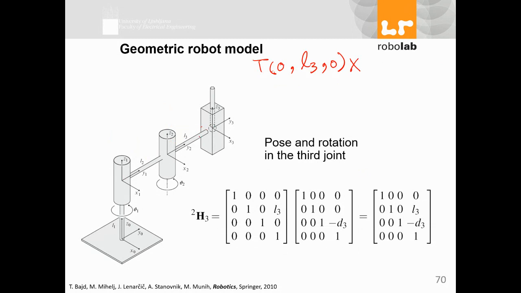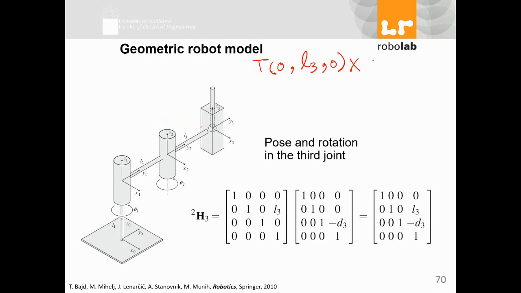times another rotation or translation from here to here. What do you think? When I move from this coordinate system to this coordinate system, is it translation and rotation again, or translation?